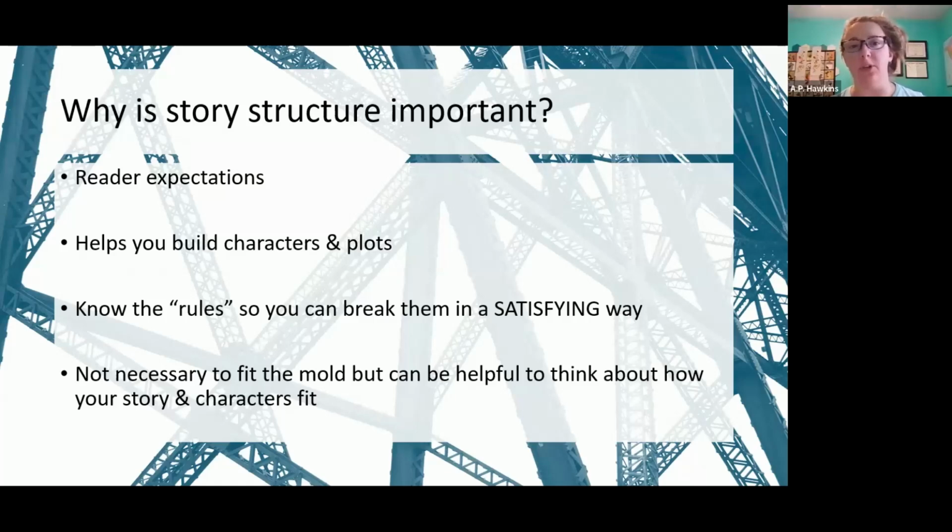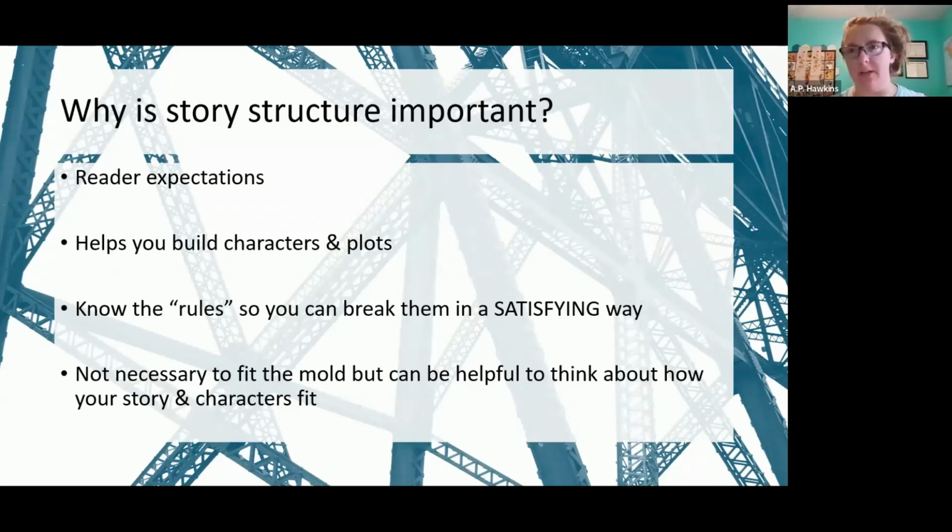It also can help you build characters and plots. If you're writing and you get stuck, thinking about story structure can really help you continue on and build out the rest of your story. And for me, personally, that's the only time that I really think consciously about story structure, because I have all this information in my brain, right?